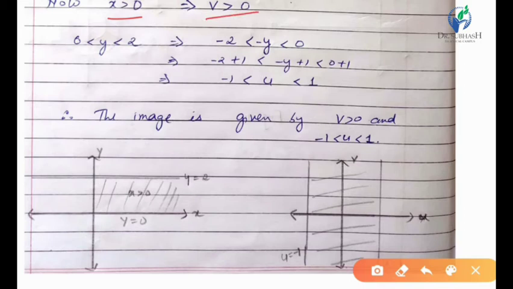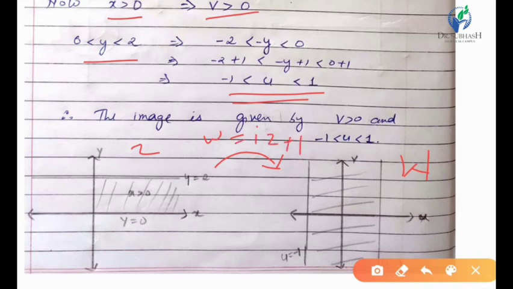And for 0 less than y less than 2, the strip, we again get a strip here as minus 1 less than u less than 1. So now we will transform this. This is the z plane and this one is the w plane. We are using the transformation w equal to iz plus 1.